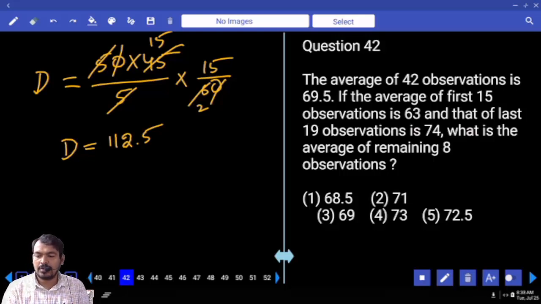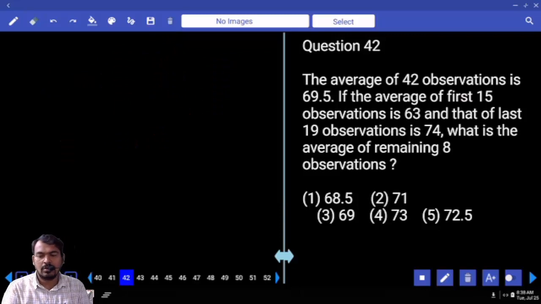The average of 42 observations is given as how much? 69.5. If the average of the first 15 observations is 63, and that of the last 19 observations is 74, what is the average of the remaining 8 observations? Total how many observations are given? 42. In that, the average of the first 15 observations is given, and the average of the last 19 observations is given. 15 plus 19, 34. What are the remaining observations? 8 observations. Then we require the remaining 8 observations' average or sum?